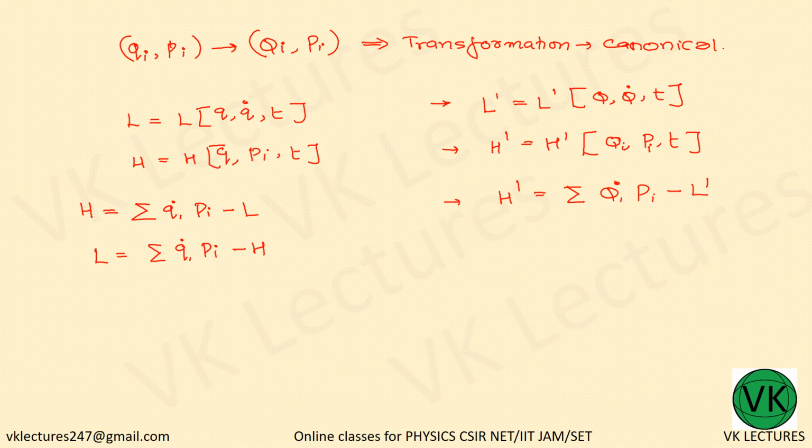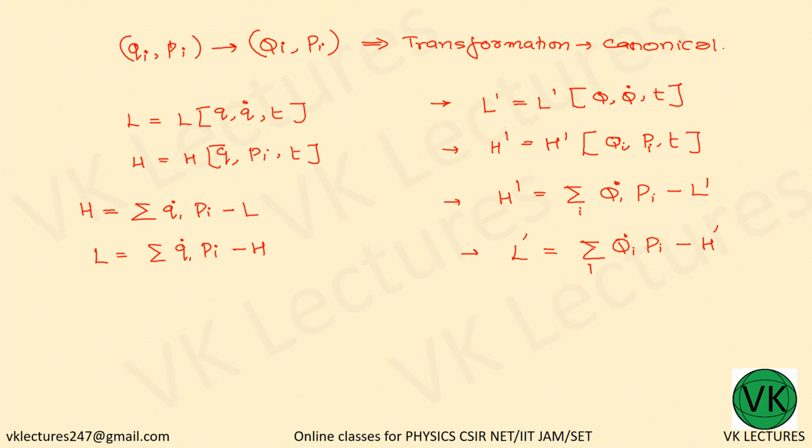Similarly L is equal to sum over i of qi dot pi minus H. So this is L dash, this is H dash.